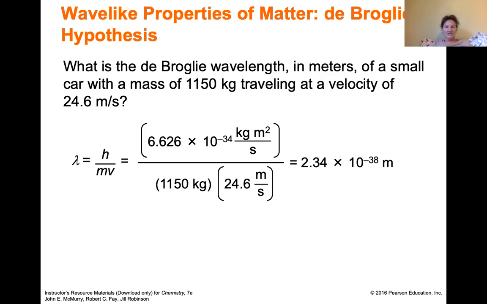You can know where it is because its wavelength is so small relative to the size of the car. We'll see when we do the same calculation for small particles that that's not true. For electrons and atoms in general, you'll have a wavelength that's about the same as the size of the particle, which means the location of the particle is very blurred. So the wavelength essentially is telling you the uncertainty in the position of a particle.